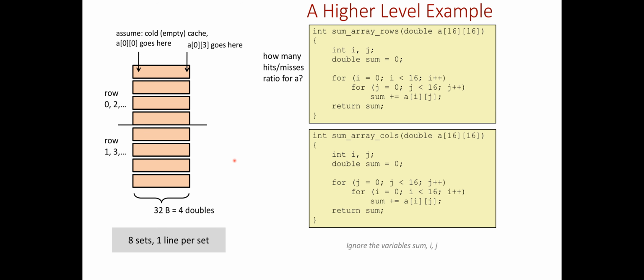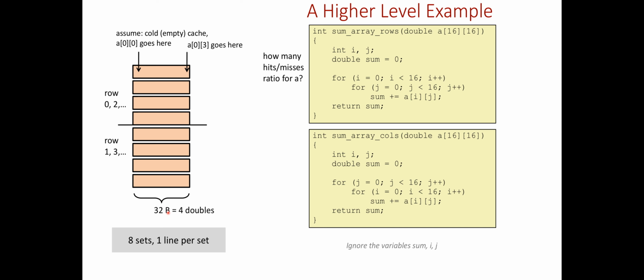So now let's move to a much higher level and think about this in terms of some code that we might have. And now what I'm showing over here on the left is a new cache, which still is direct map, so it's still one line per cache set here, but the lines are bigger, so they're 32 bytes.